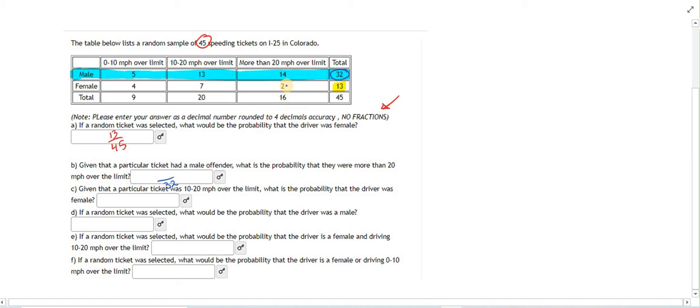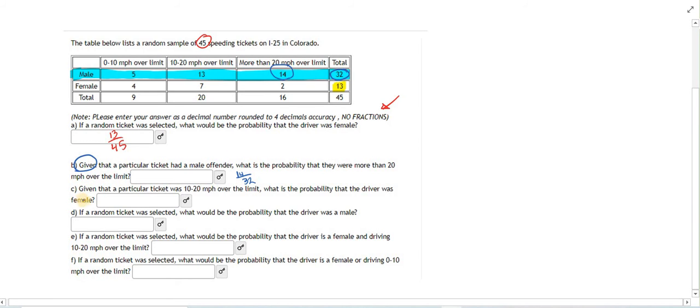How many people in that category are caught going more than 20 miles per hour over the limit? We have 14 people. So that is exactly 14 out of 32. Let me write it here more clearly. Okay, so it's 14 out of the 32, just because it was given.